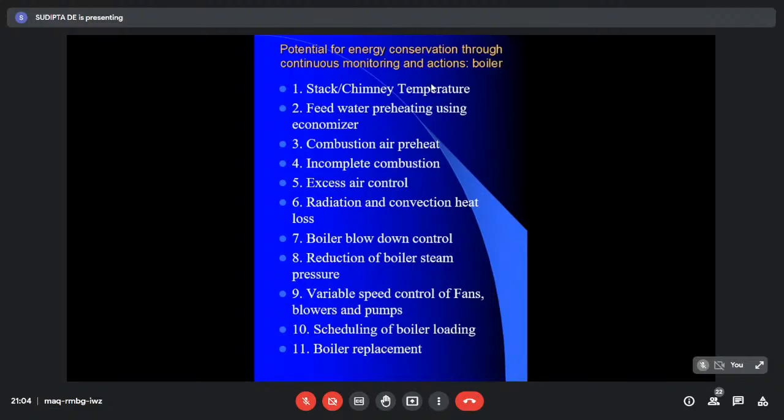Hence, there is always a possibility of heat loss from the outside surface of a boiler.